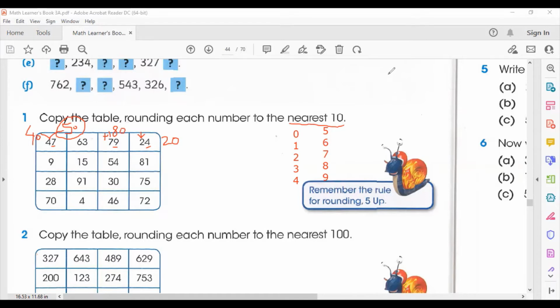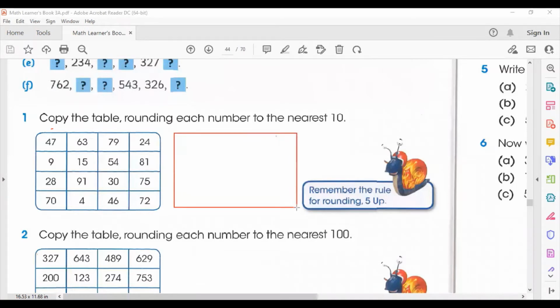Okay, so like this we are solving. 47 is nearest to 50. You can make a new grid and write inside the grid. Just changing the color.